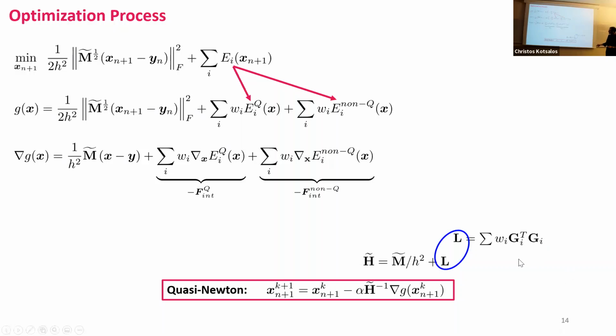This G here comes from these quadratic potential energies. You have to believe me that there is actually a lot of theory on why this Hessian approximation works, but using this approximation based on the quadratic potential energies, we can have a very fast convergence to this optimization problem.